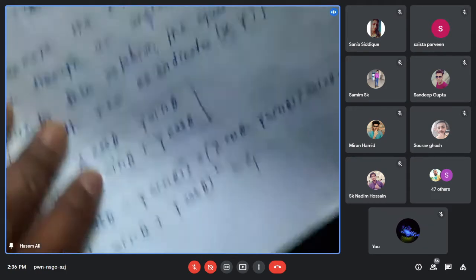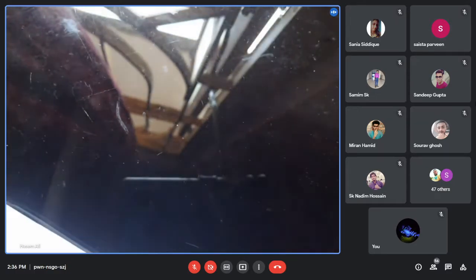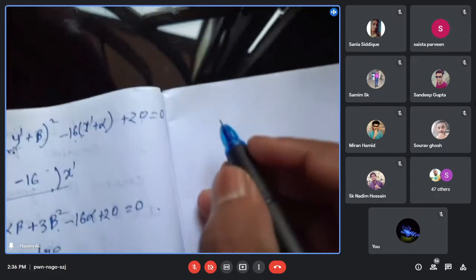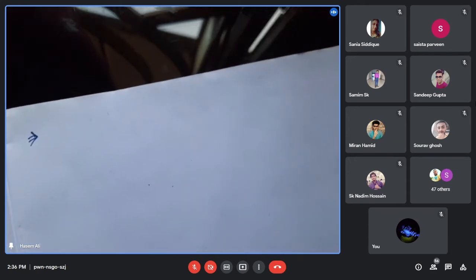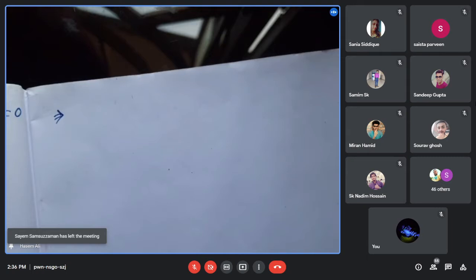And again, just write the coefficient of x square, xy and y square.